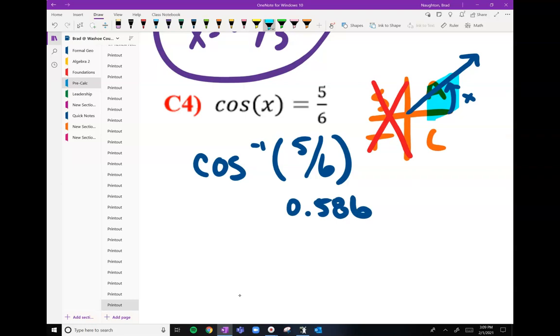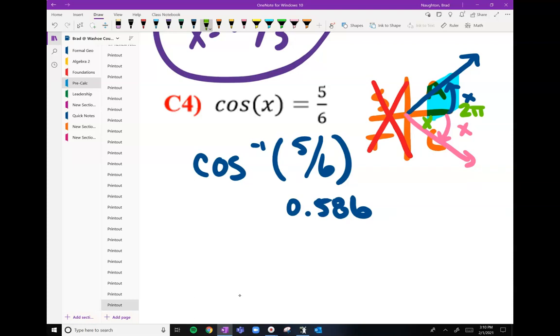Remember, we want that exact same reference angle. That's going to exist down here, where this distance is going to be x. If I think of this as 2 pi all the way around, then I need to be less than 2 pi to be in this area that I want. So how much is that?